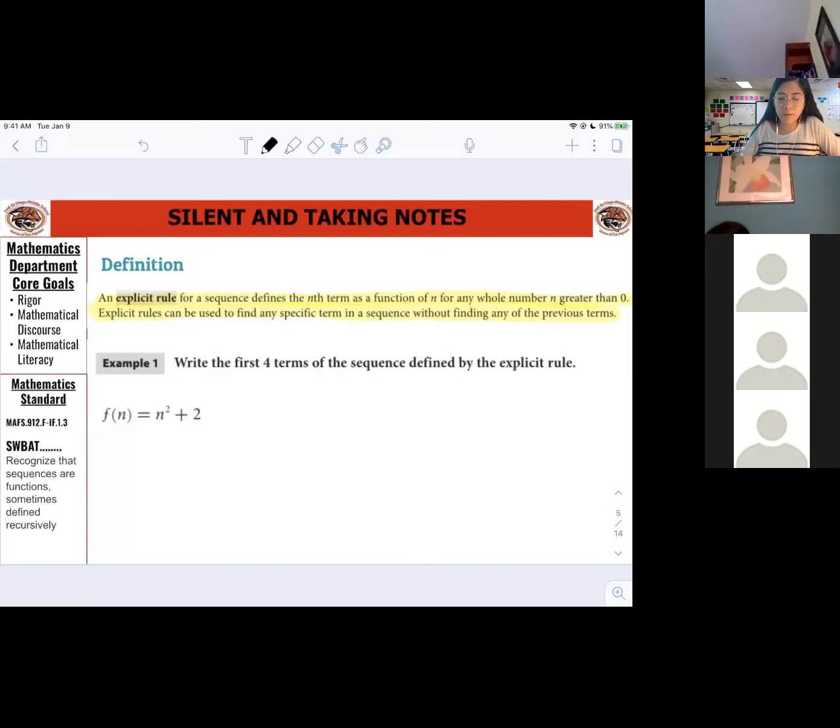In example 1, we're going to write the first 4 terms of the sequence using this rule. So my rule is what I'm going to follow to find out the first 4 terms. So I'm going to make a table kind of like the previous problem. And I know that I have my position numbers. And then I'm going to have my terms.